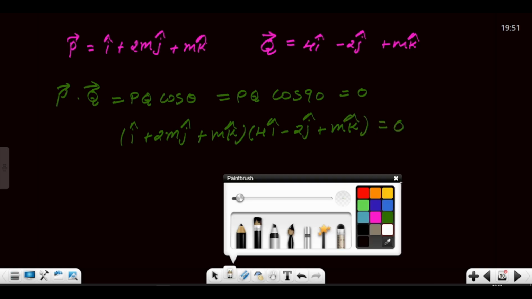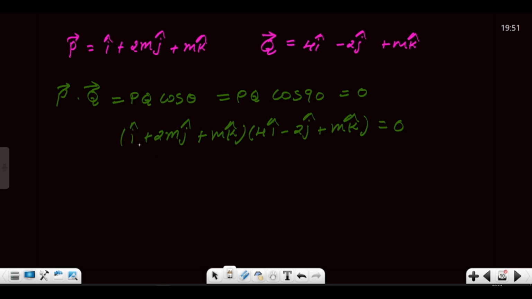Okay, so we have 1 into 4, 2m into minus 2, minus 4m, m into m, plus m square equals 0.